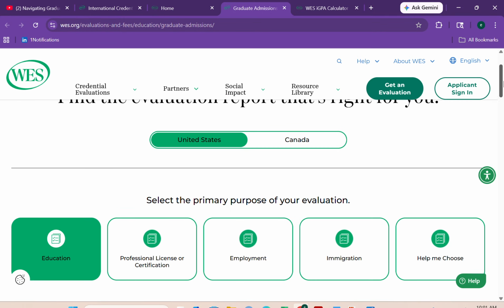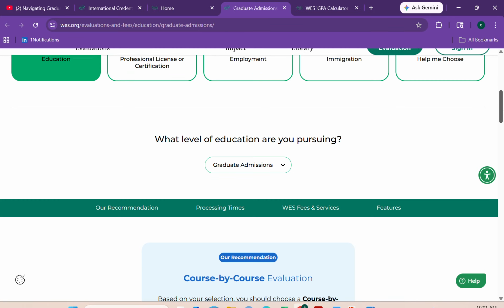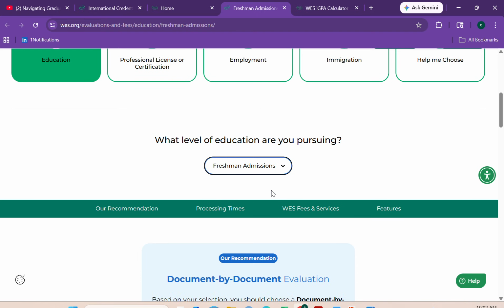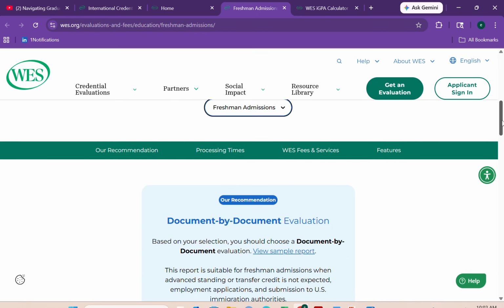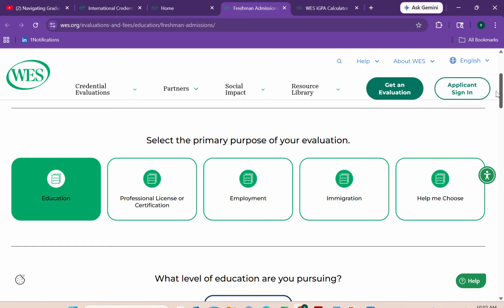So that's the cost. Let's look at, let's say, if you are a Canadian student applying to Canada. Let's look at the cost as well for a Canadian student. If you're a freshman, you click on this. You see the cost here for Canadian institutions.